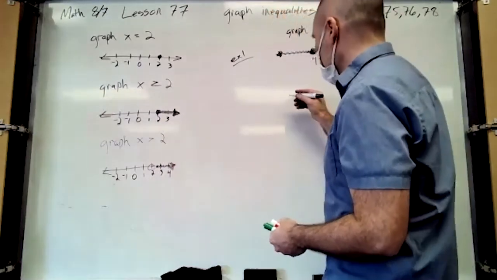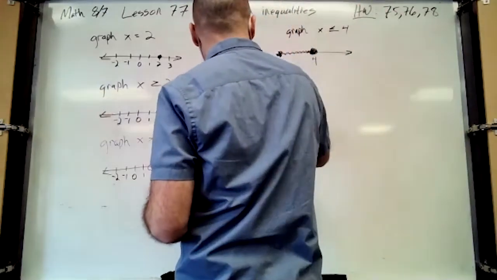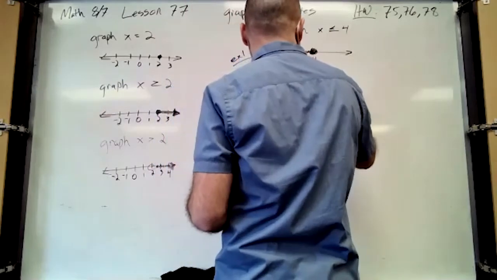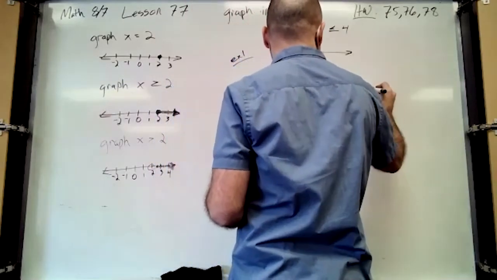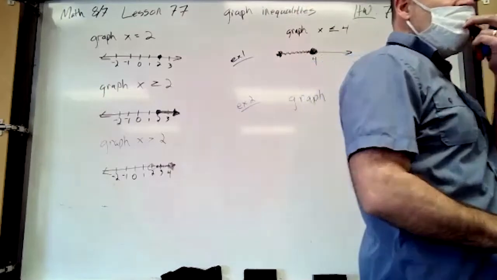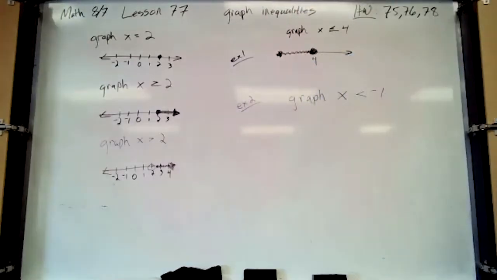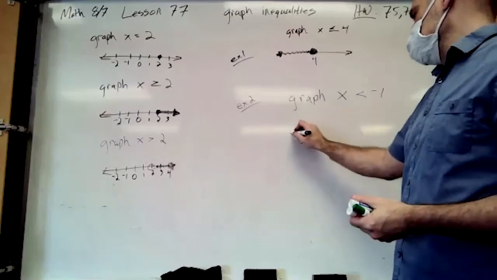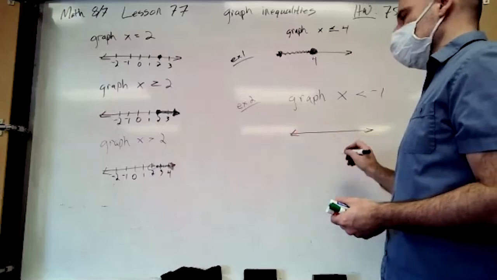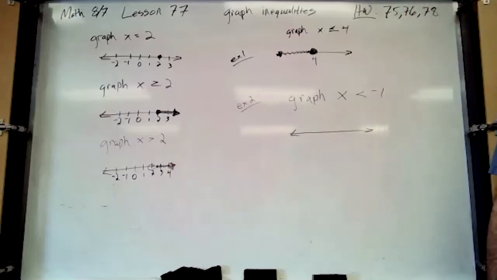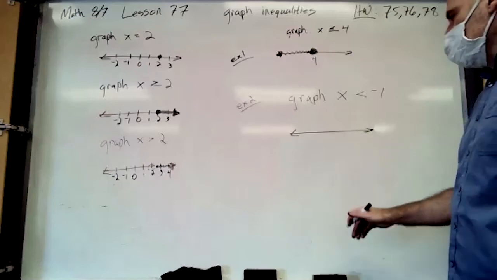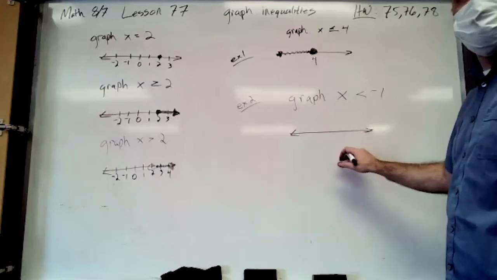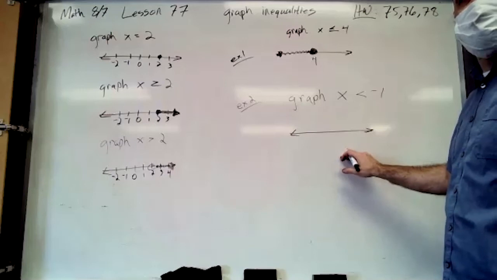Okay, one more. Somebody else, tell me how to graph this. Okay, somebody tell me how to graph that. Maren, how do you graph it? Hold on, I'm still thinking. So you put everything in negative 1.